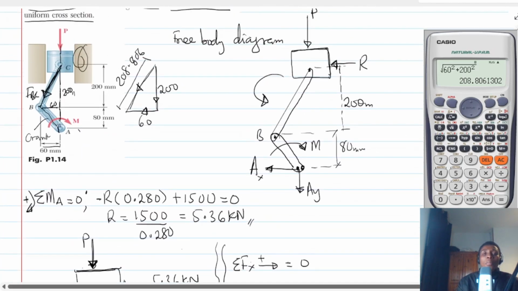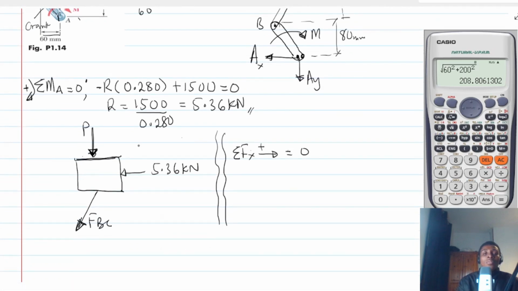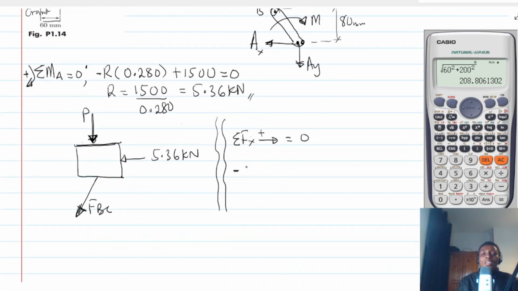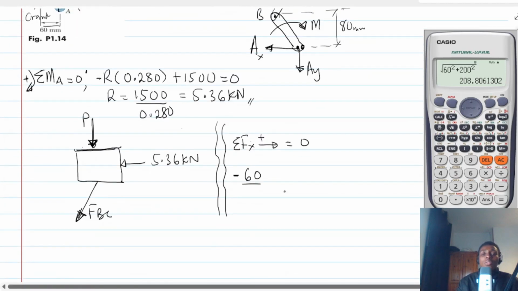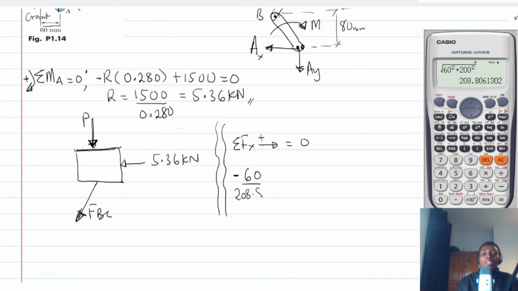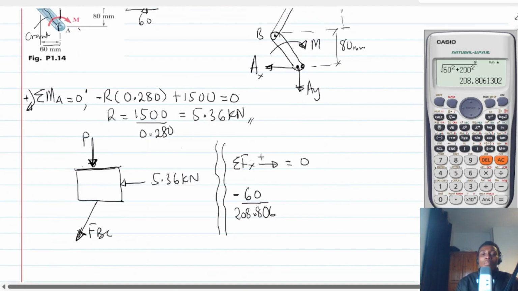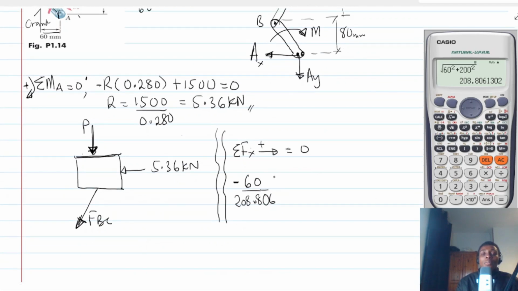So what this means is that we are going to get the x component of FBC as minus 60 divided by the hypotenuse, which is 208.806, and then multiply by FBC.